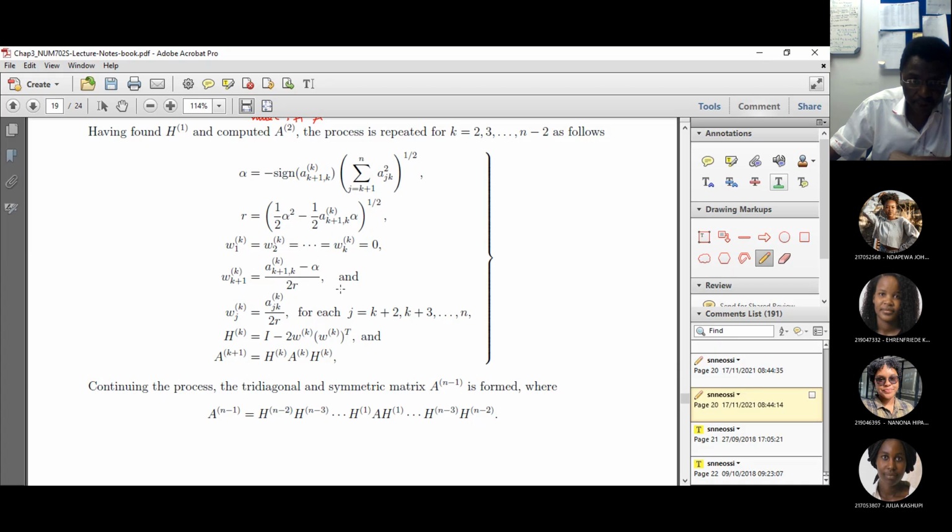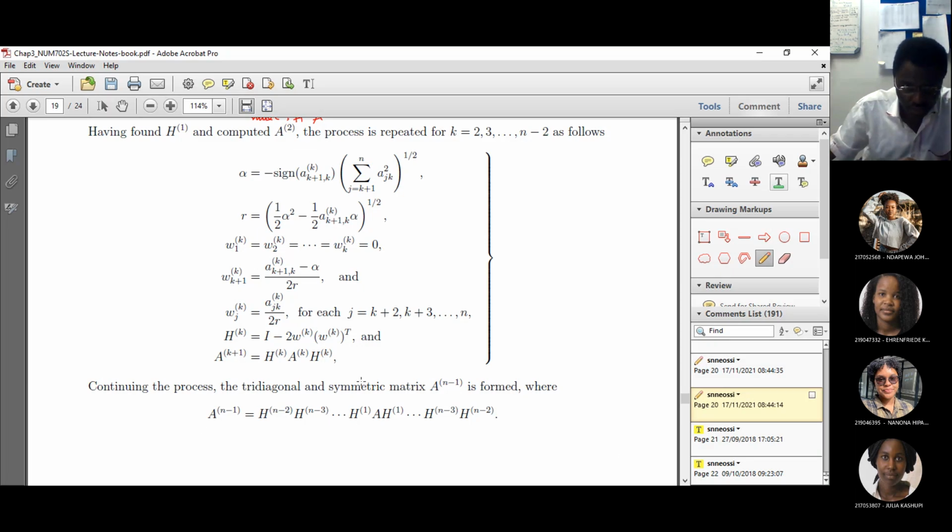Because we'll be computing from A2, remember that A1 is the original. So we'll be computing from A2 up to AN minus 1, because we want a tridiagonal matrix. In the case of a 3 by 3, N is 3, N minus 1 is 2.